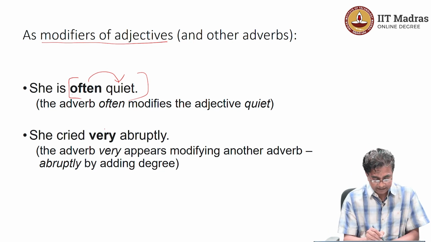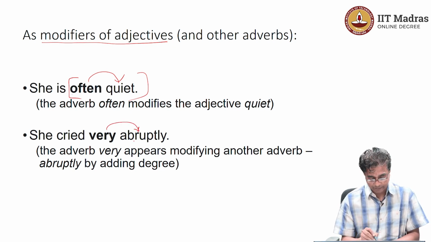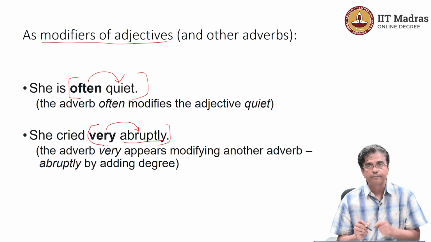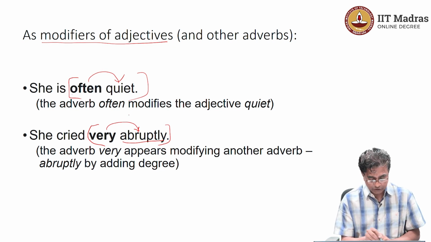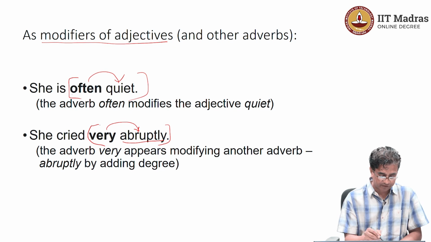She cried very abruptly. Again, very is certainly telling you something about the adverb abruptly, but when it comes to seeing something as an adverb, we see the whole thing as an adverb of crying.